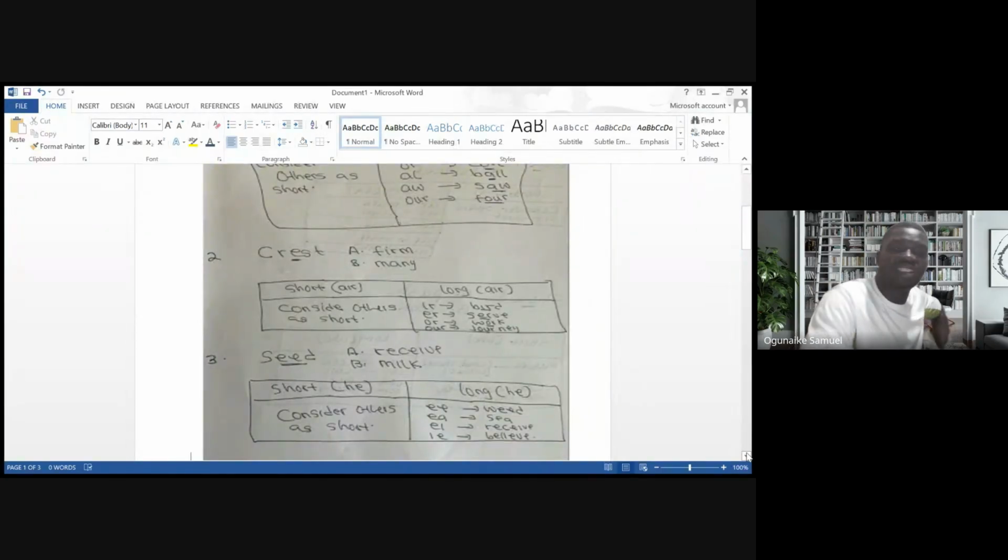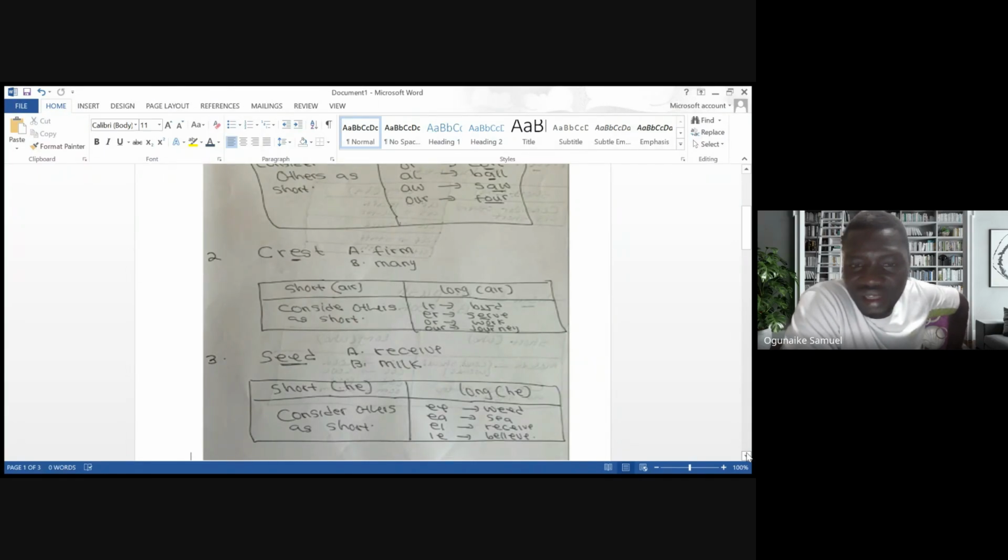Then number 3, seed. And I have the two options, receive and milk. When this happens, I just know the examiner is testing the knowledge of long and short. Then I say, let's recall the properties of the long.